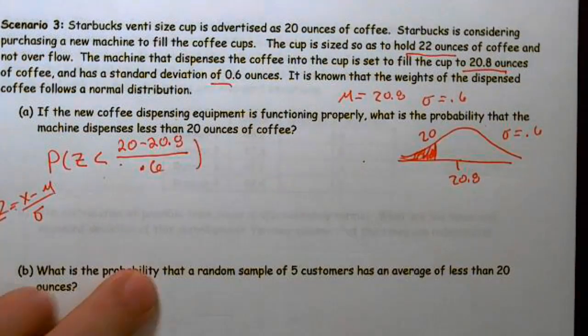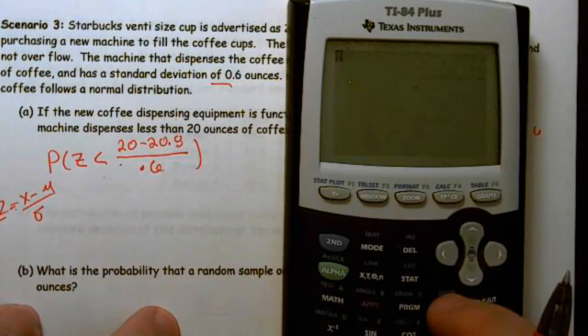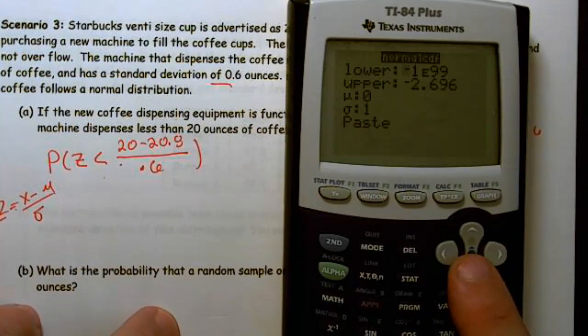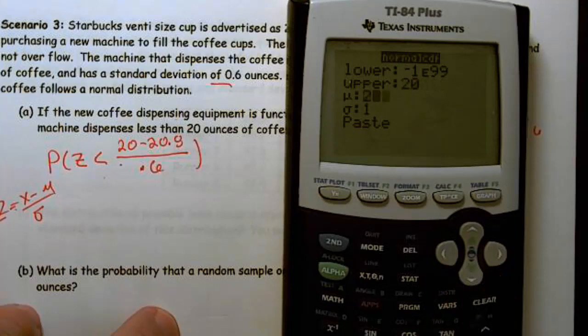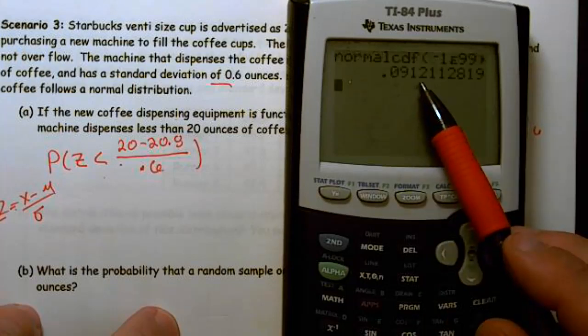All right. So when I go about that, second VARS, normal CDF, lower bound negative infinity, upper bound is 20 ounces, mean of 20.8, standard deviation of 0.6. Now I can do that except for the fact that I don't get a Z score.